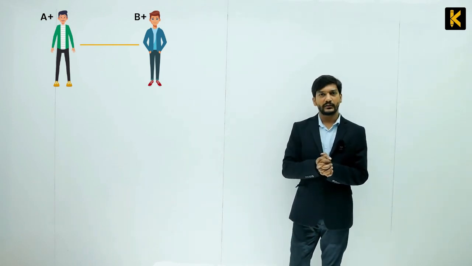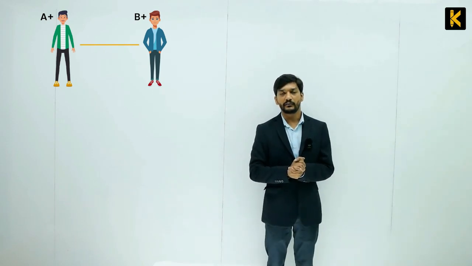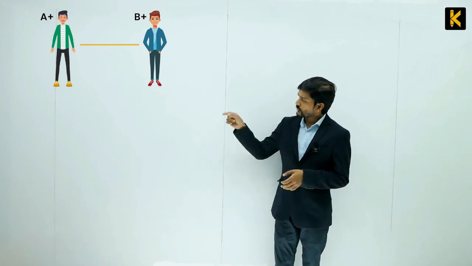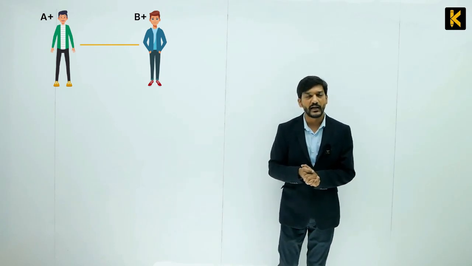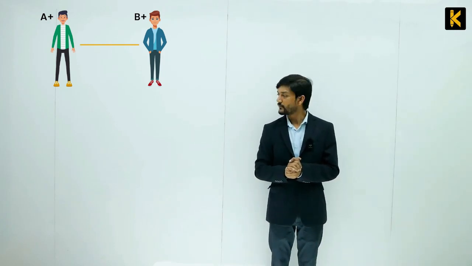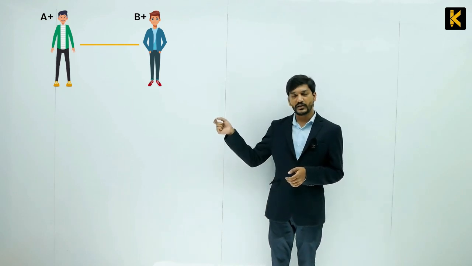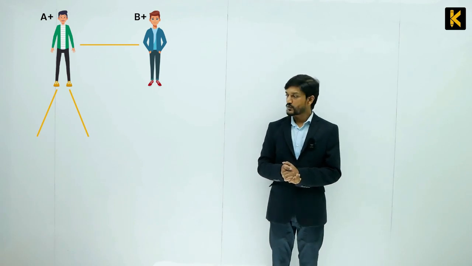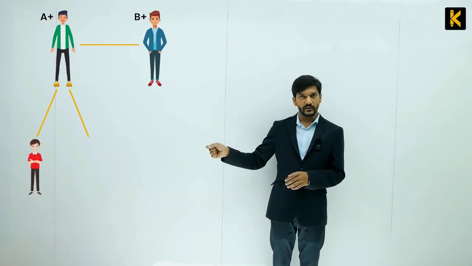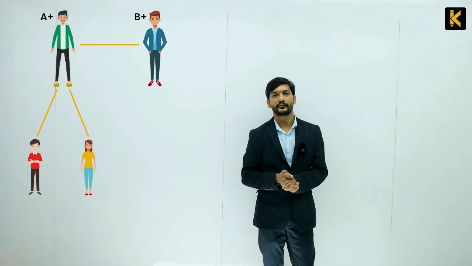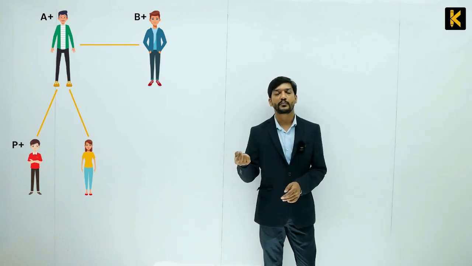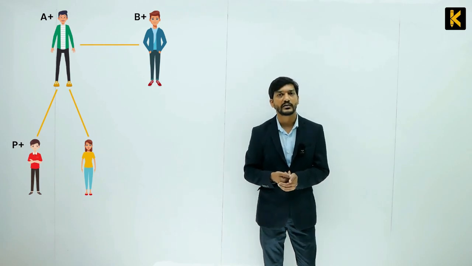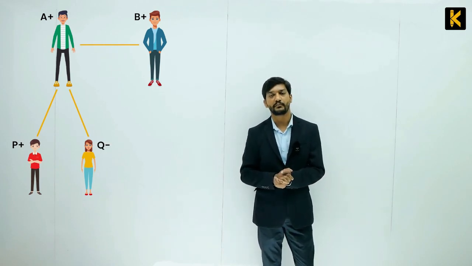Now suppose only one brother is married and he has kids as well. So this brother A is married and has 2 kids. One kid is P and one kid is Q. P is a boy, so male, so P plus, and Q is a girl, so minus for female.